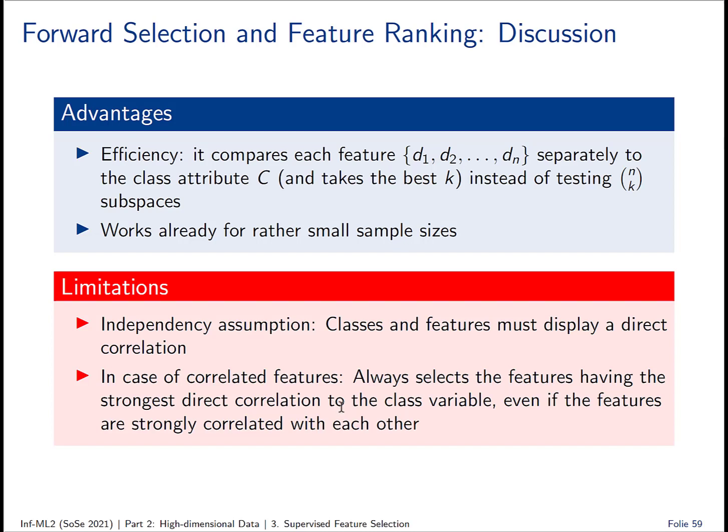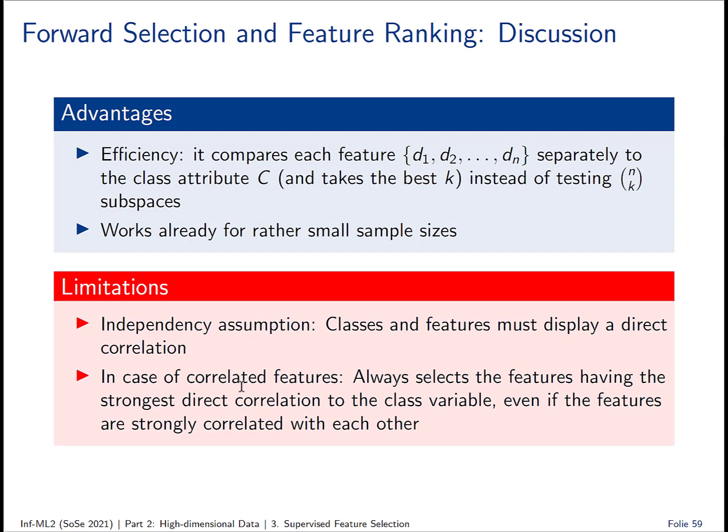First of all, because of attribute independence, we may miss some features that are important in combination but have a low correlation to the class label on their own. They are irrelevant on their own, but together would be highly relevant. We will miss them because of the independence assumption.